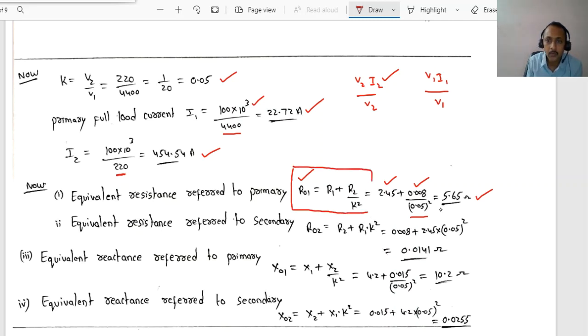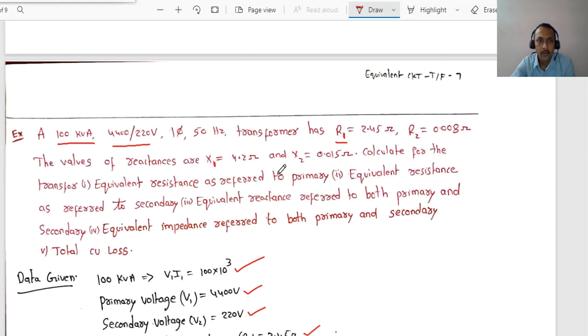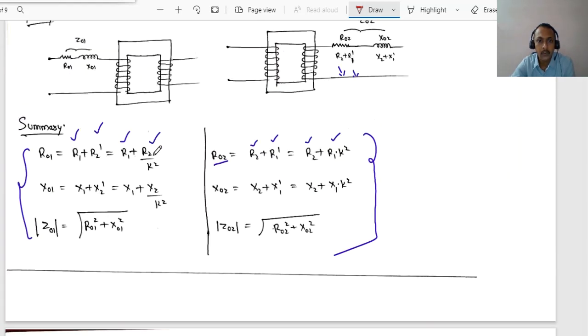R01 equal to R1 plus R2 by K square. That is why I have written the formulas in the summary. In order to do the problems, if these 6 formulas are known, the last 2 are easy. First 2, if you remember, the same thing will be applicable for the reactance also. So dear students, please don't neglect to memorize this R01 formula and R02.